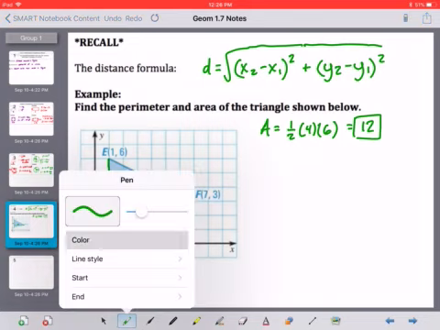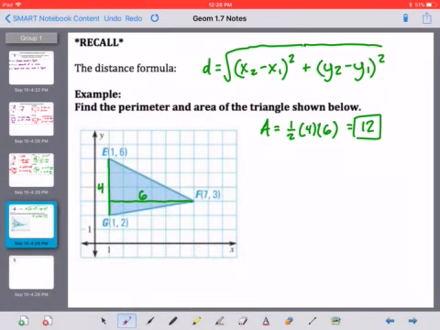I've got part of it already because I know that side EG is 4, but I still need to find the length of side EF and then of GF. So let's find EF by using the distance formula. I'm going to say this is my x1, my y1, my x2, and my y2.